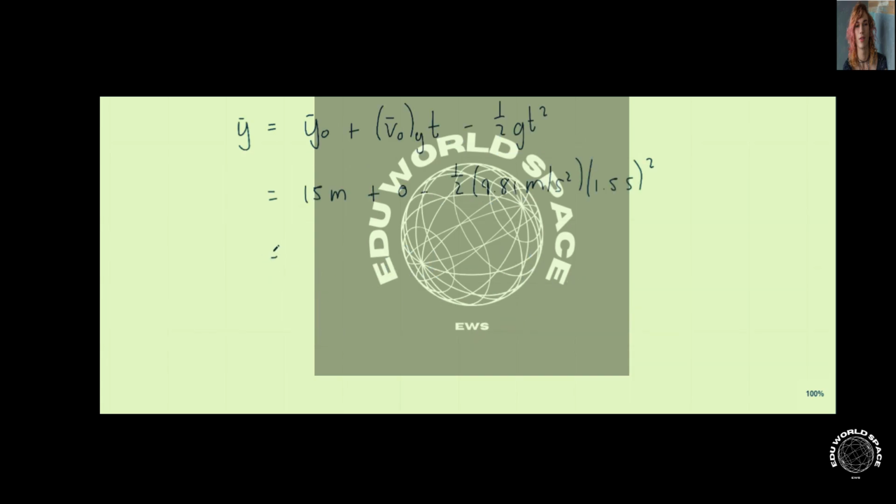And hence we get, after a time of 1.5 seconds, the center of mass of the system is at 3.964 meters. And the z component of the center of mass, z bar, is equal to 0.